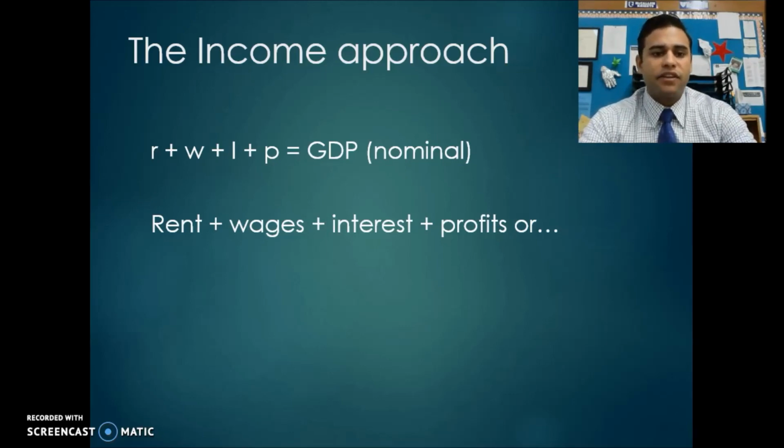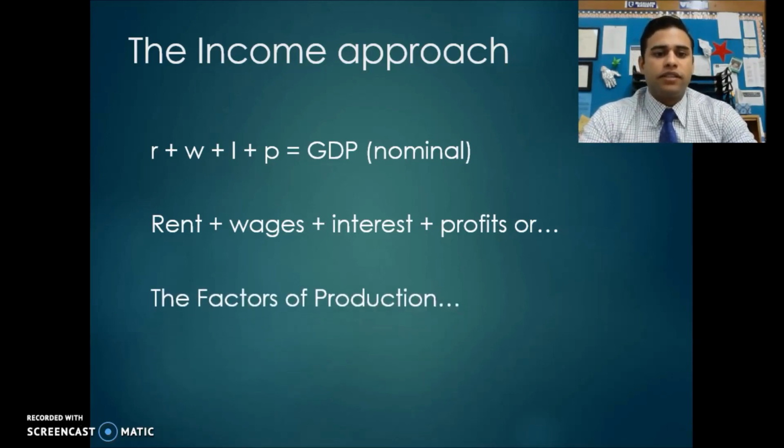Now what we have here is rent plus wages plus interest plus profits, and if you break this down, those are actually the factors of production. Rent, right? It's income earned from selling the factors of production. I'll put it that way. Rent is the money you earn from the land you own. Wages are the money you earn from the labor that you sell.